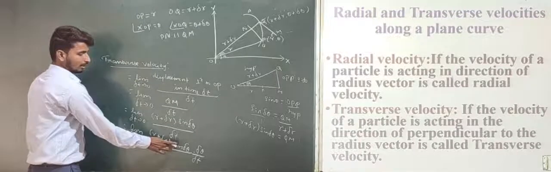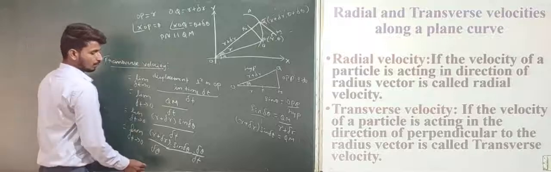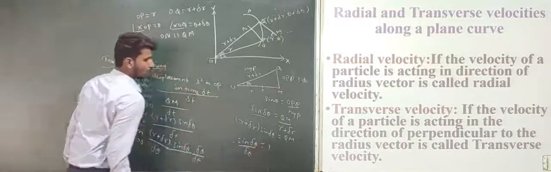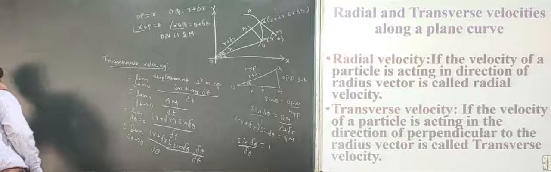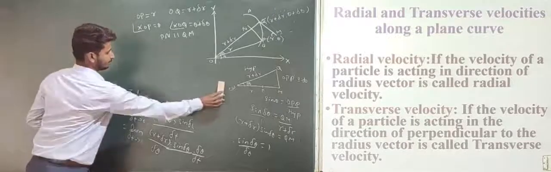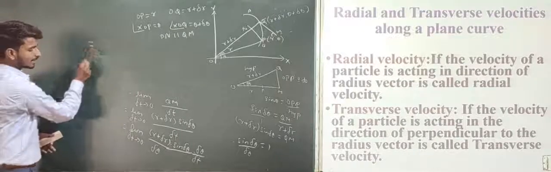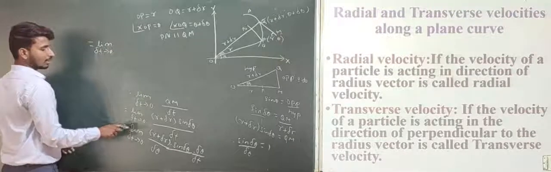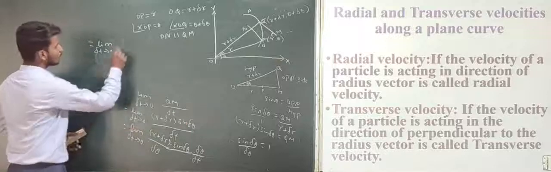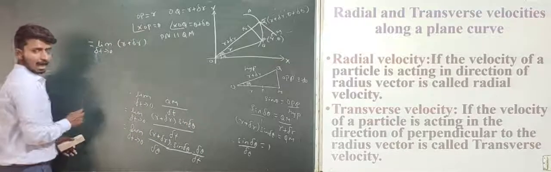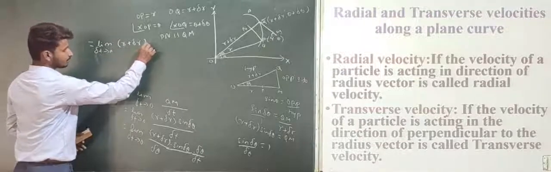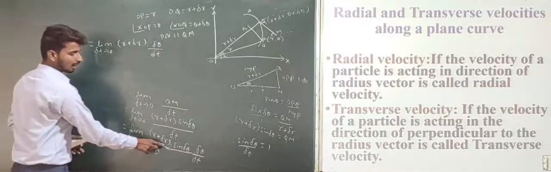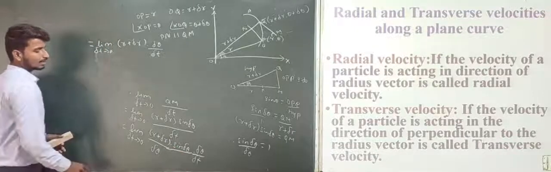Here sin delta theta divided by delta theta equals 1, so remaining is R plus delta R into delta theta divided by delta t.